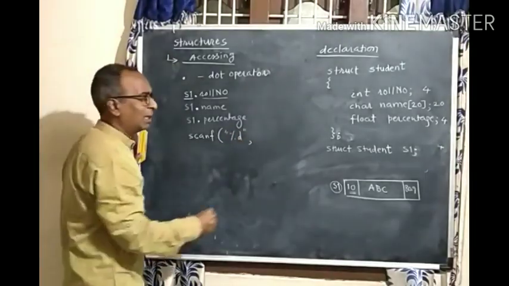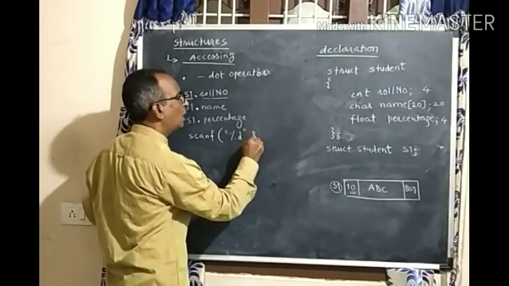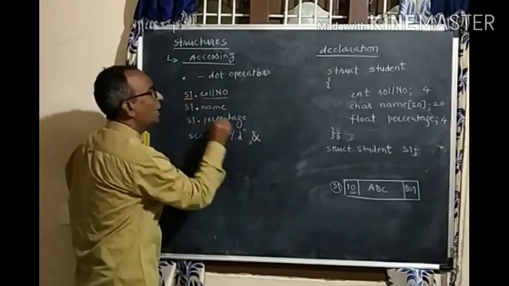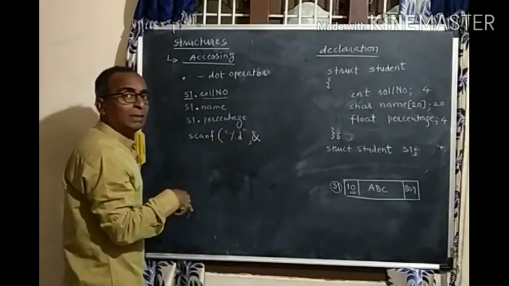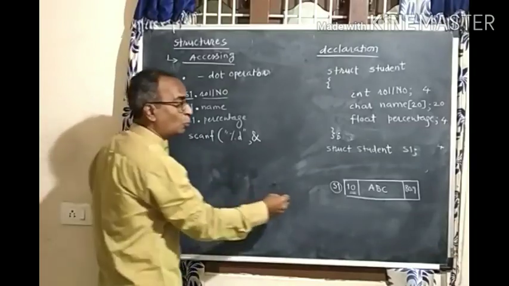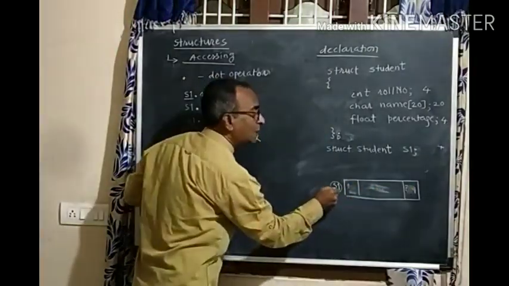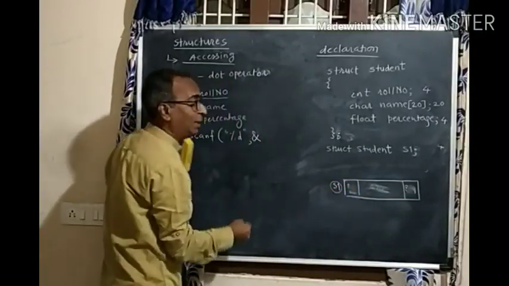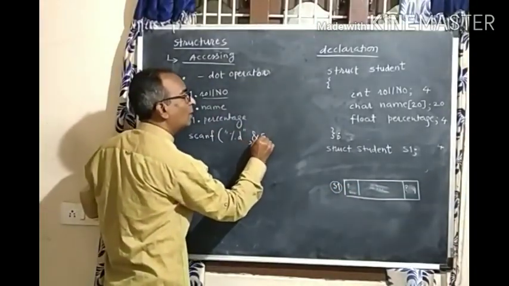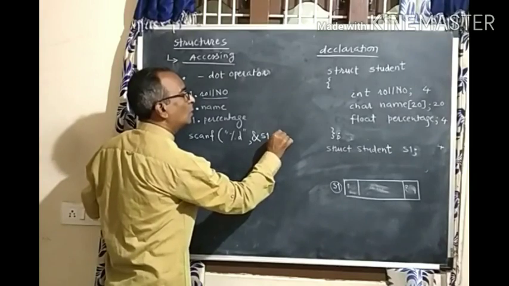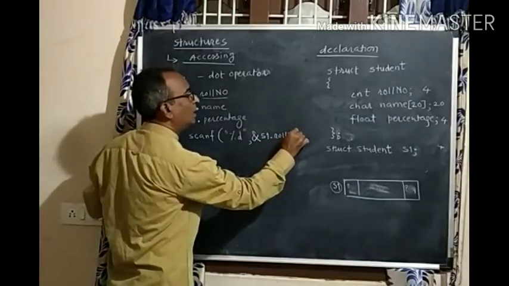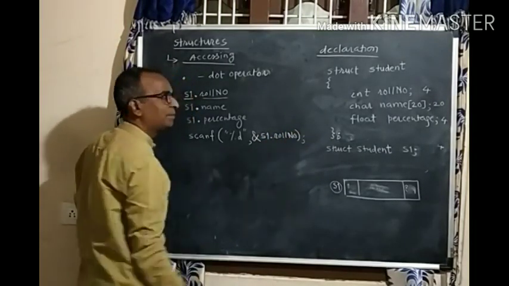And scanf we have seen, this is by reference, you have to pass ampersand. Now where you want to store whatever value is read, we want to store in S1's roll number field. So address of S1's roll number field we are giving, that's it.